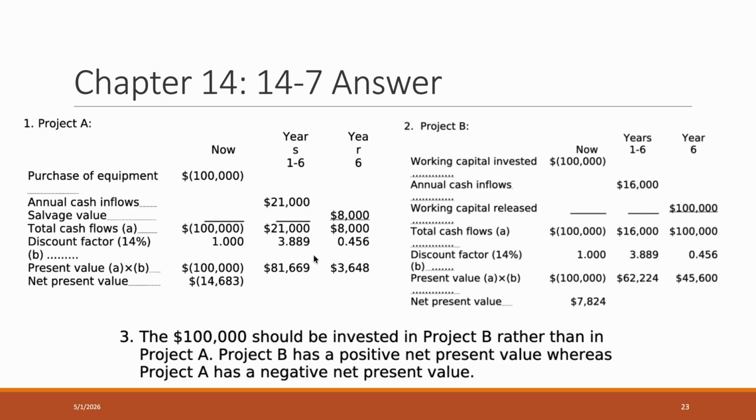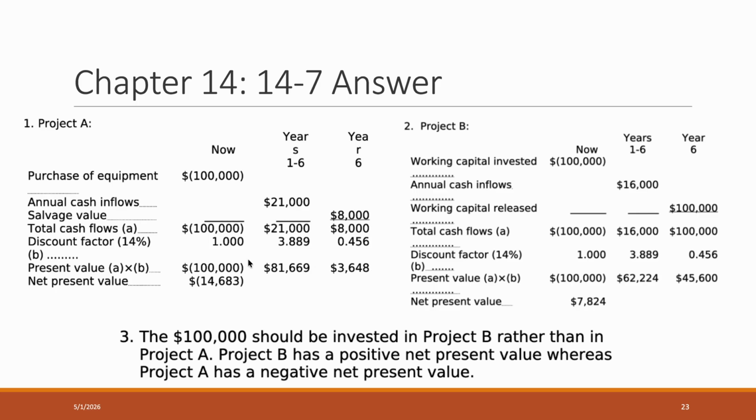That gives us a present value for the 6 years of 21,000 at $81,669, and that gives us a present value of the salvage value of $8,000 of $3,648.